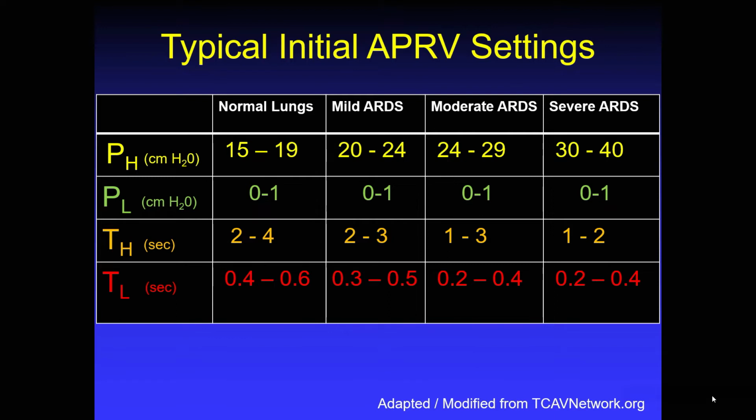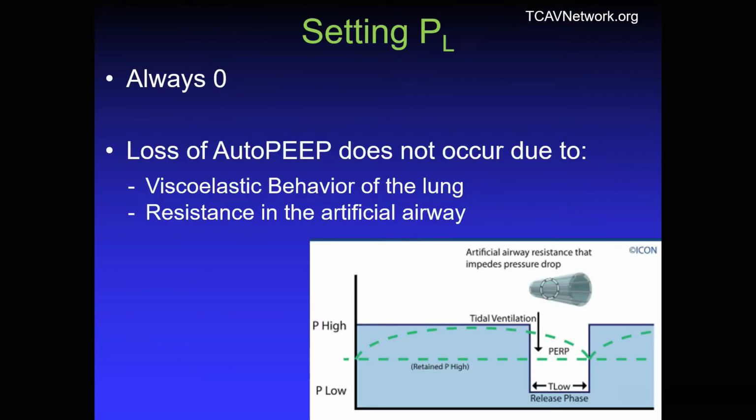And the concern that Dr. Zhao and others who endorse setting a P low above 0 have is that dropping the pressure all the way to 0 will result in lost auto-PEEP and de-recruitment, thus offsetting the primary mechanism through which APRV exerts its benefits. The key, as Dr. Habashi emphasizes, is time. With TCAV, time is used more than pressure to favorably affect pulmonary mechanics.